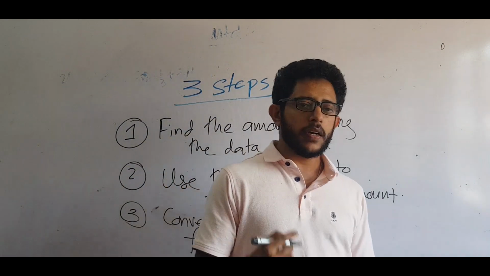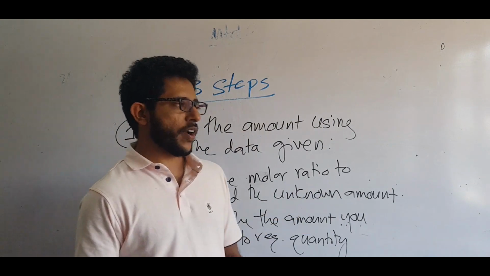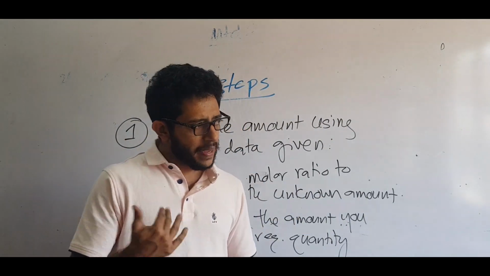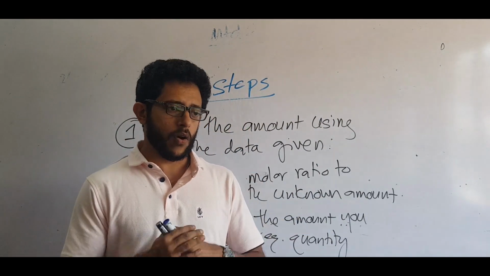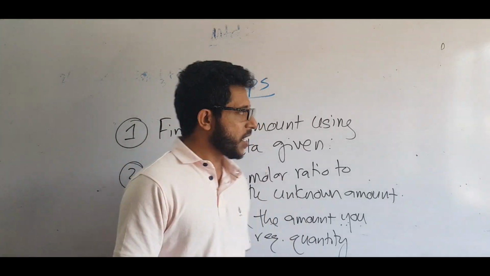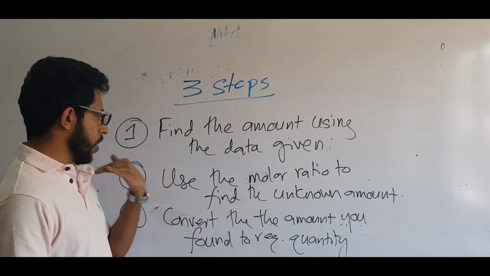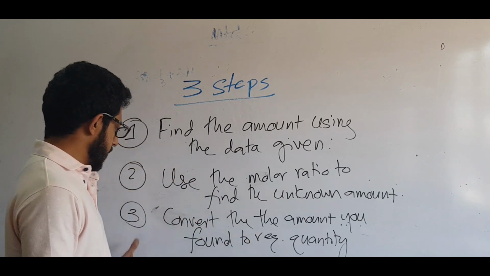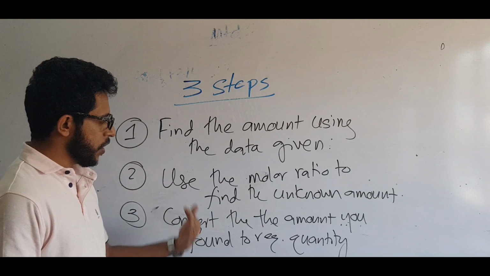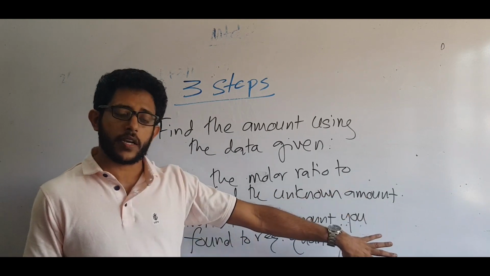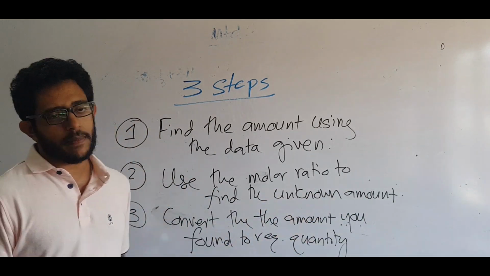You have to find, then you have to convert it to the required quantity again using the M equals small m over M, or capital M, or C equals n over V. So these are the 3 steps: find the amount using the data given, use the molar ratio to find the unknown amount, then convert the amount you found to the required quantity. So those are the 3 steps we use.